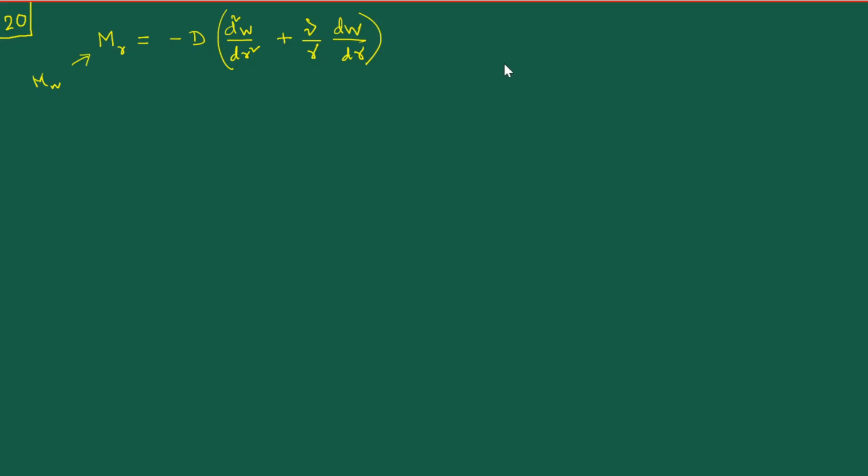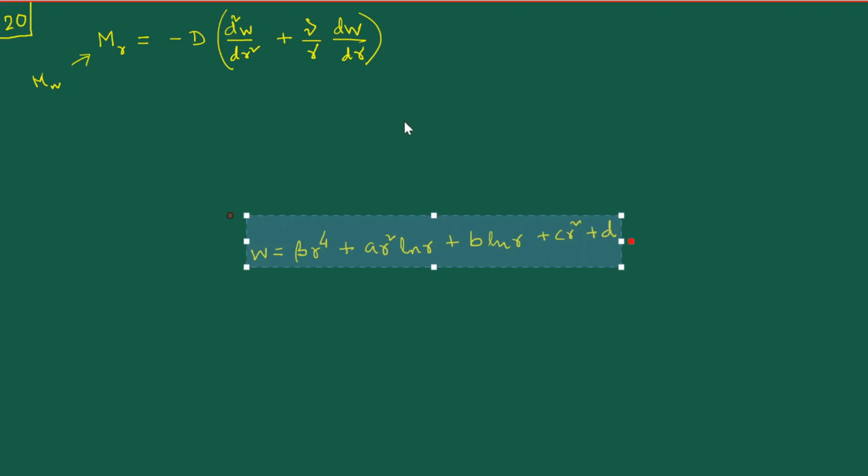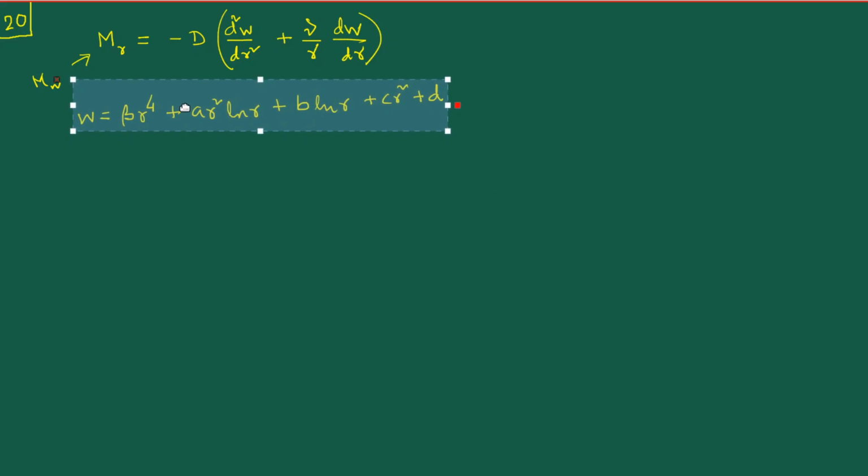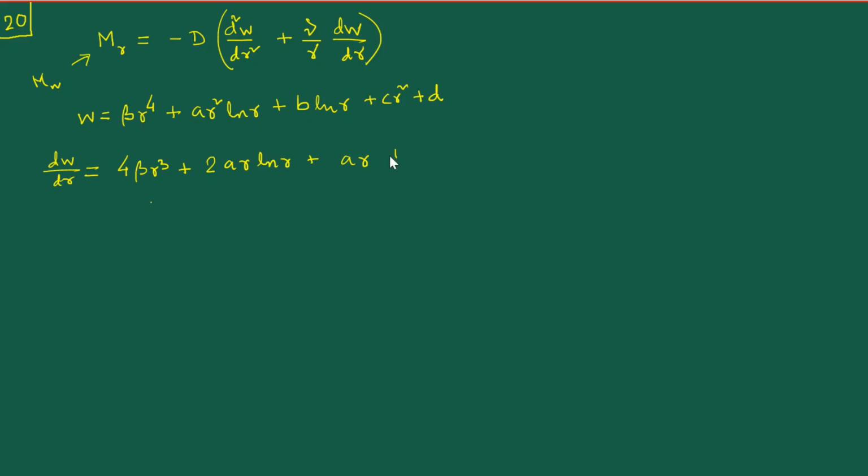Now, what I'll do is let me paste the solution form. Now, this much I will do. dW dr, that is 4 beta r cube plus twice a r ln r plus a r plus b by r. But you note that this b has been already set to 0, so we might as well not consider it.